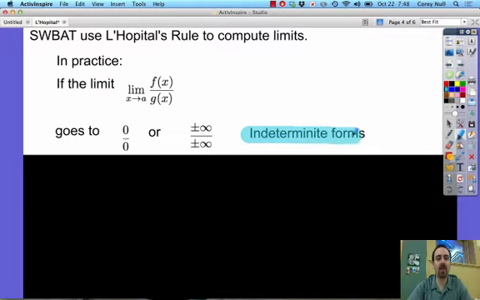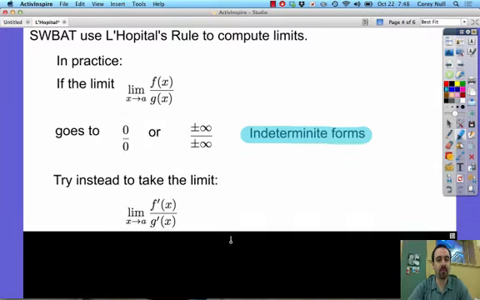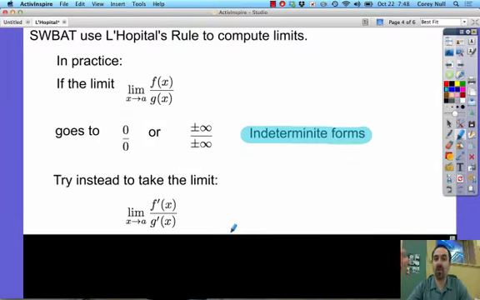If you end up with an indeterminate form when you try to take a limit, then what you can do is take the derivative of the numerator and the derivative of the denominator and take the limit of that. It's a way of simplifying things, so that you can take the limit of a rational function, or of any function that forms a ratio. So that's what L'Hopital's rule says.